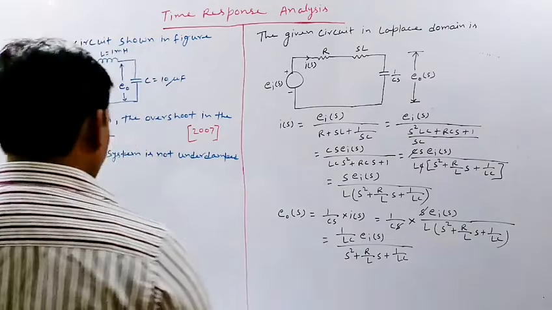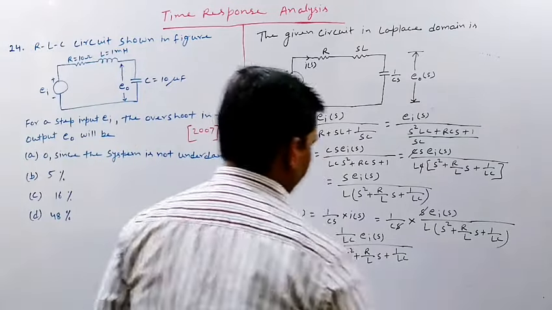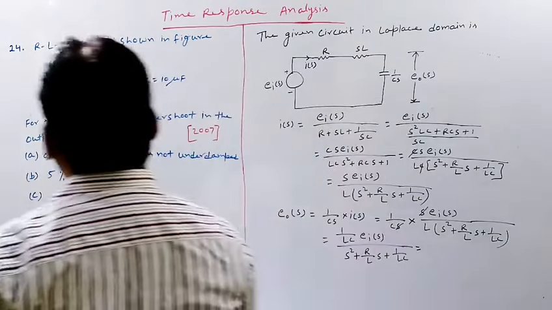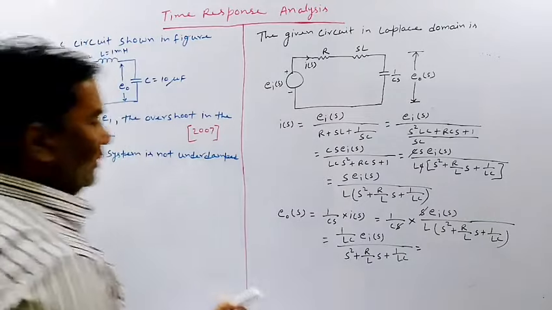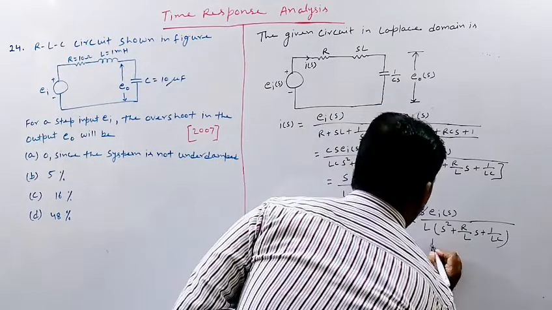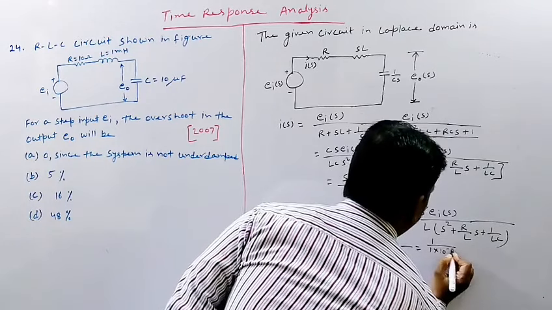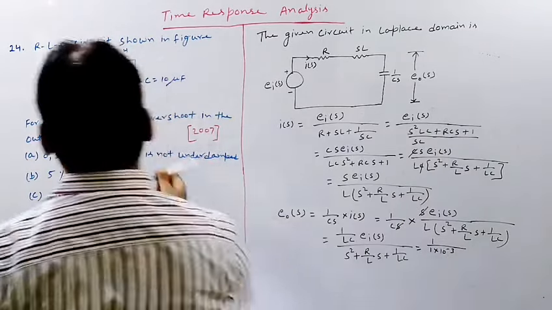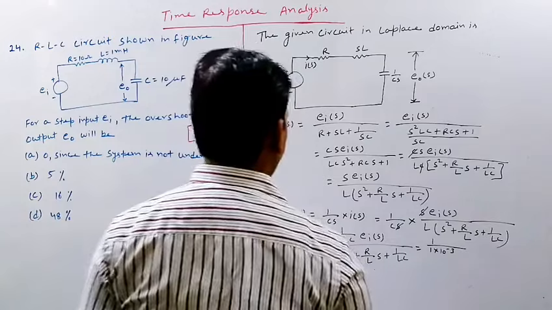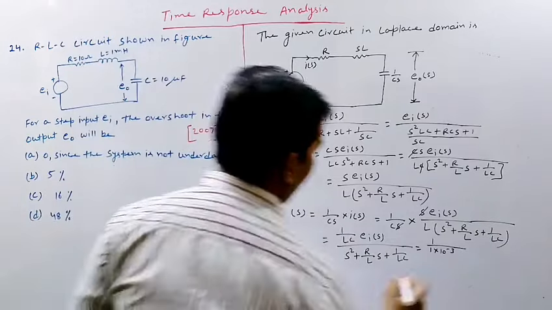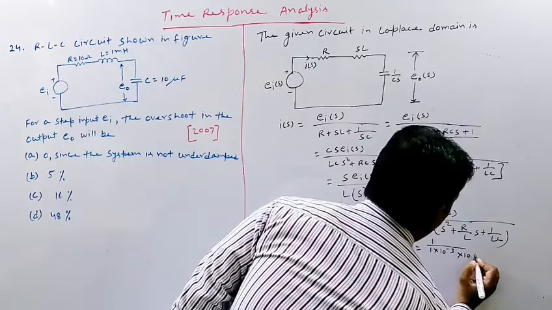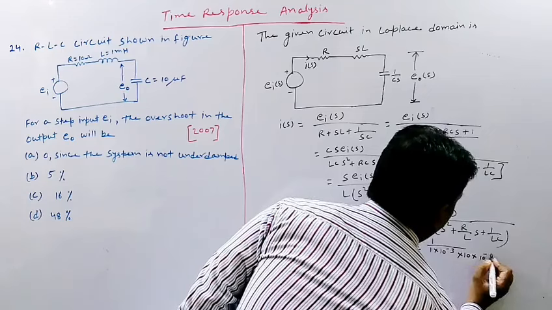What is L? L is 1 millihenry. So it will be 1 by 1 millihenry, which means 1 into 10 to the power minus 3. How much is C? C is 10 microfarad, so it will be 10 into 10 to the power minus 6.